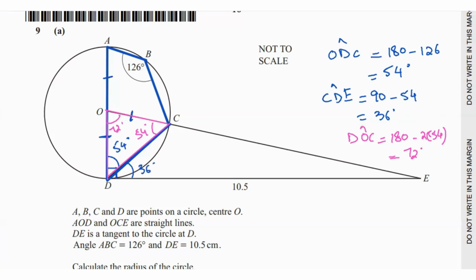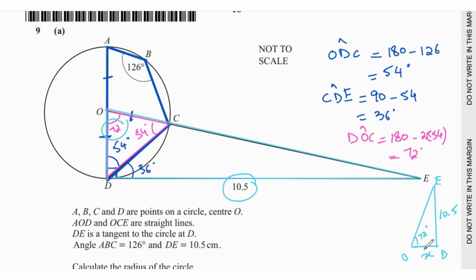So keeping that in mind, highlight triangle ODE. We have this length, we have this angle. So using SOHCAHTOA, we can easily find OD. If we draw this triangle separately over here, this is D, this is O, this is E. DE is 10.5, angle O is 72, and we have to find OD.